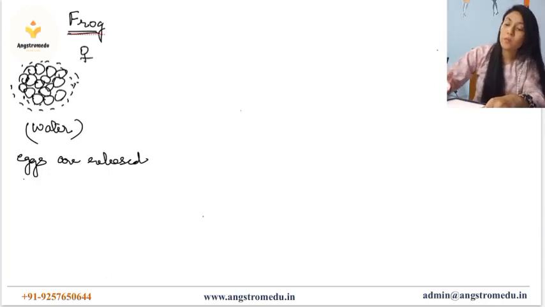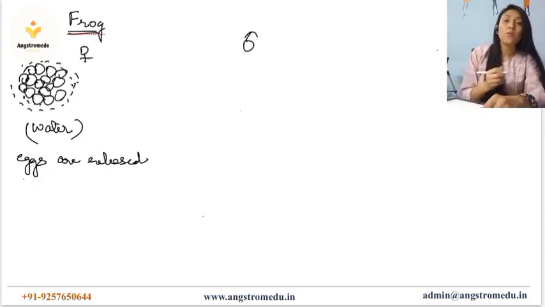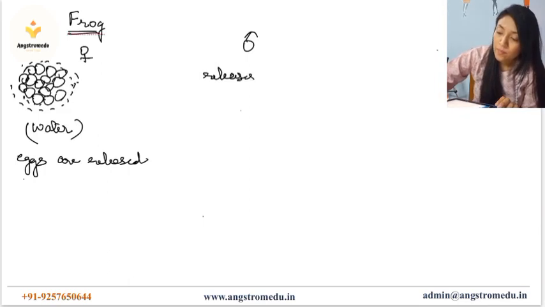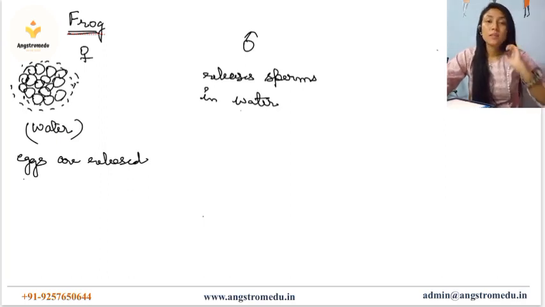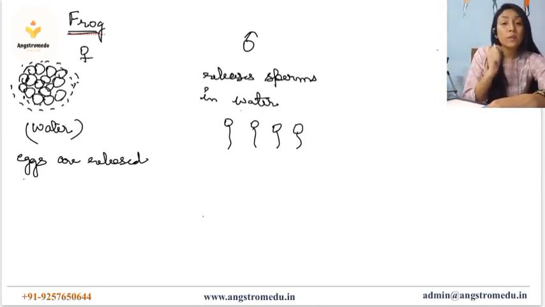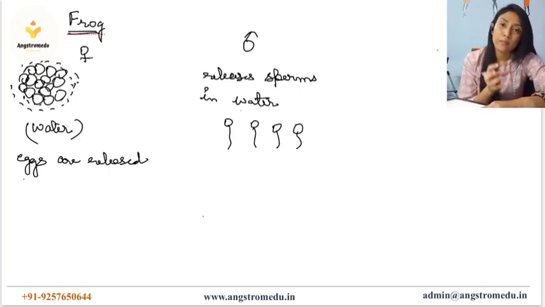Now what happens? This was the case of the female frog. The male frog is also present in the same water. The male frog releases sperm in water. Male frog releases its sperms in water, like this, multiple sperms. And because the sperms are motile, meaning they have the capacity to move from one place to another.